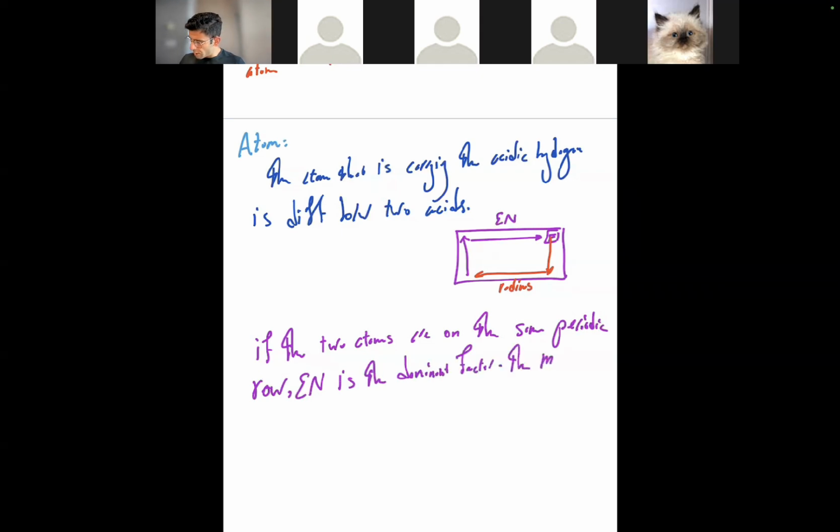So the more electronegative the atom, the more stable technically the negative charge on the conjugate base.